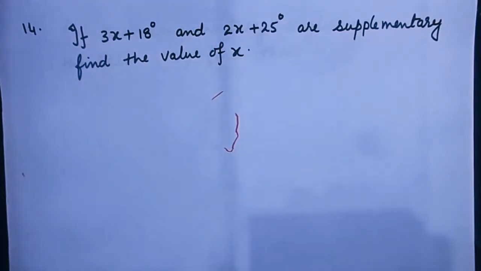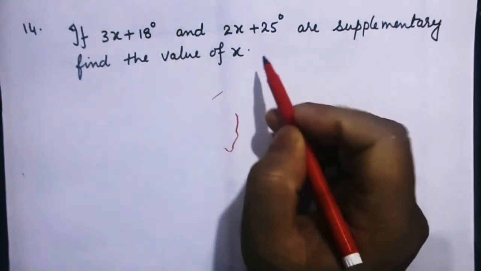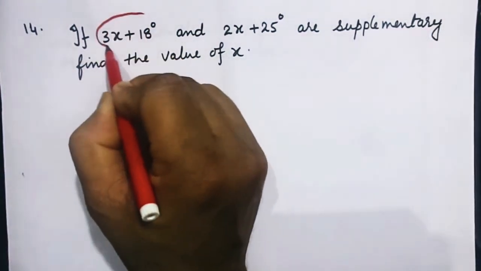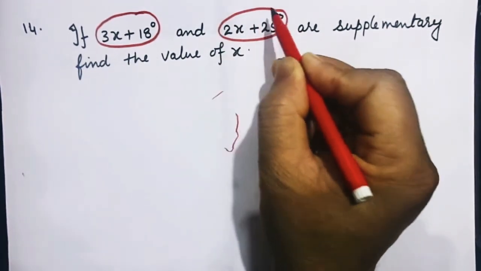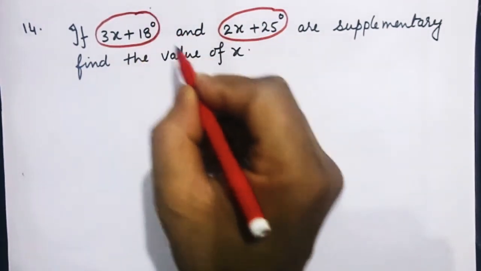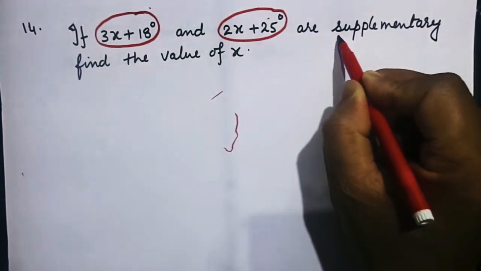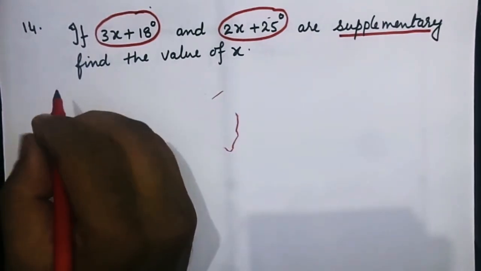If 3x plus 18 degree and 2x plus 25 degree are supplementary, they have given you two angles A and B, and they have told you that they are supplementary. So what we need to do?